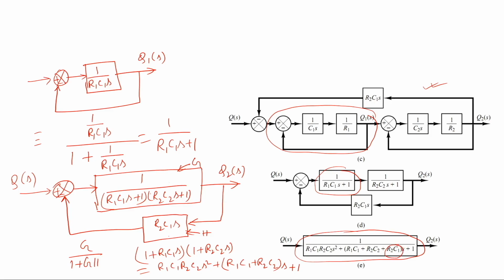This is the extra term R2 C1. This extra term is due to the intermediate loading. This R2 is coming from the second tank. C1 is coming from the first tank capacitance. So, that is one intermediate effect. Due to that, this term is coming. So, it is not merely multiplication of these two transfer functions. That is the point to be noted.